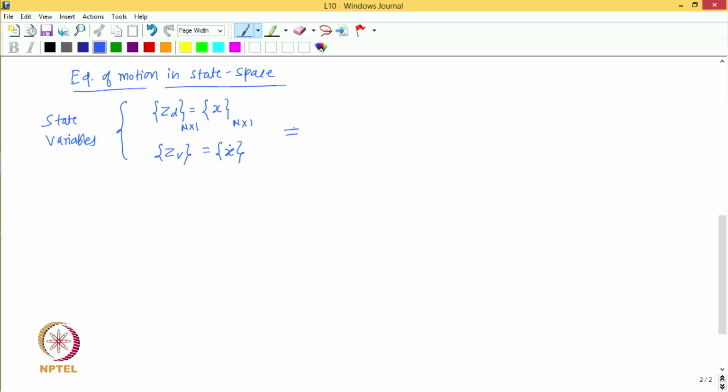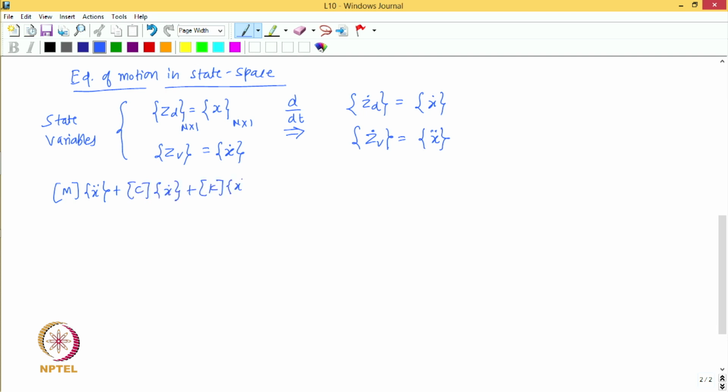Now, if we differentiate these equations with respect to time, we get z_d dot is equal to x dot and z_v dot is equal to x double dot. The equation of motion we have got is M x double dot plus C x dot plus K x is equal to 0.